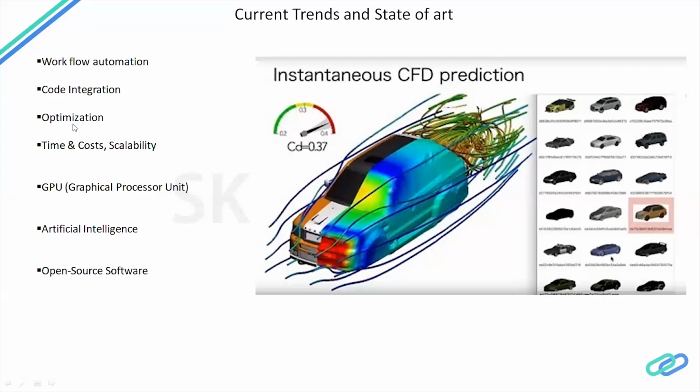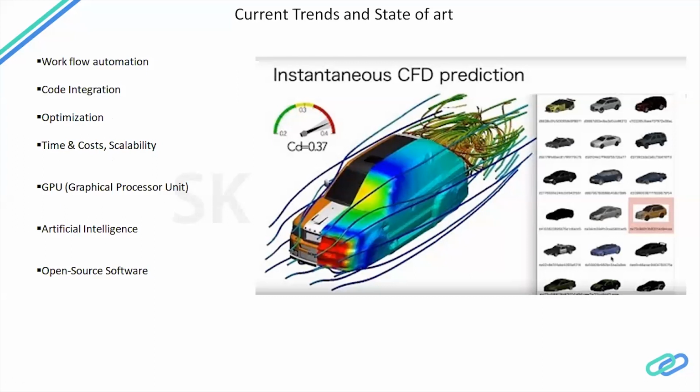So this optimization is very, very crucial to develop and deploy a product for real-time use. I already discussed time and cost. And GPU hardware is also very important to solve this type of application.